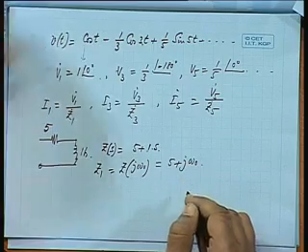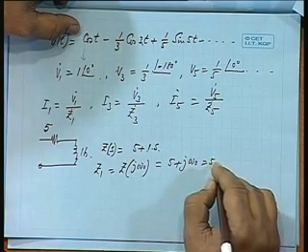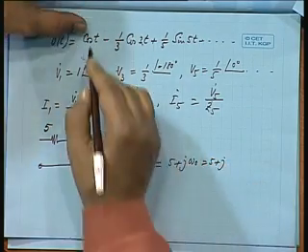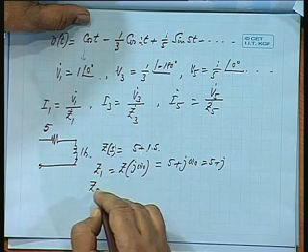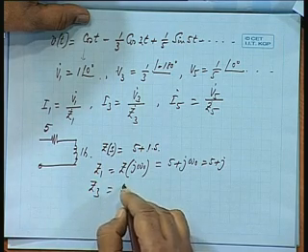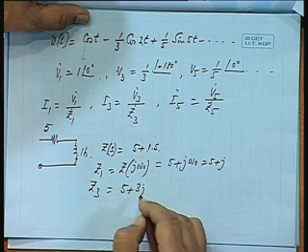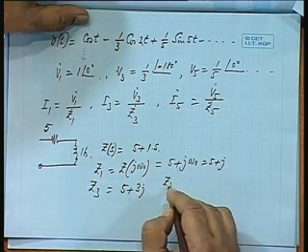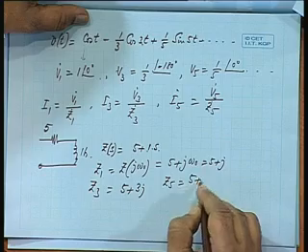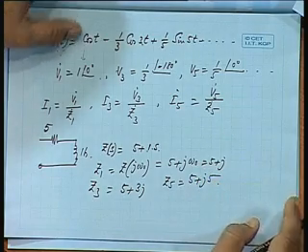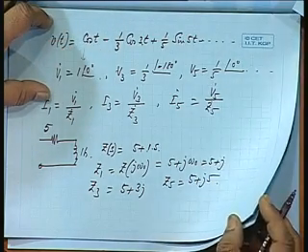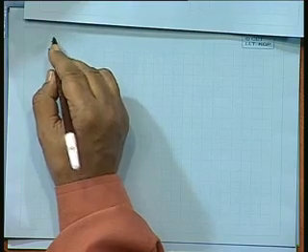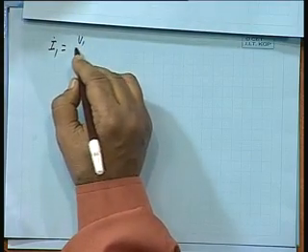So 5 plus j omega naught into 1, the inductance value, and that is nothing but 5 plus j. Z3 will similarly be 5 plus 3j. Z5 will be 5 plus 5j and so on.